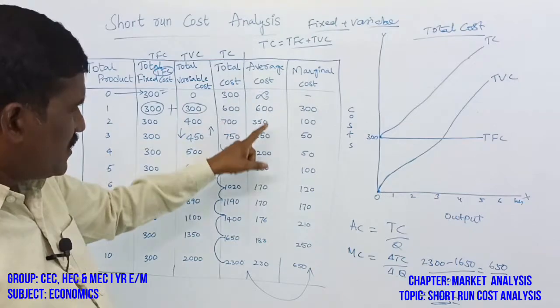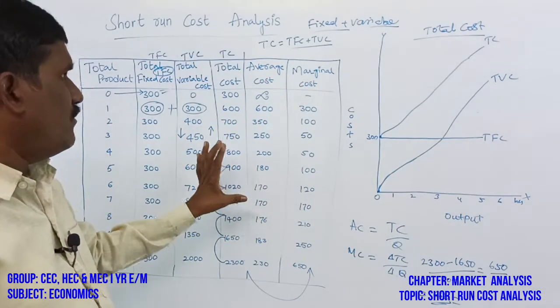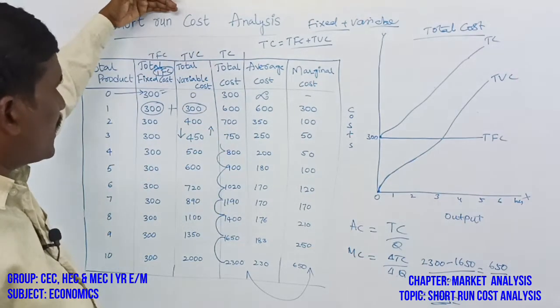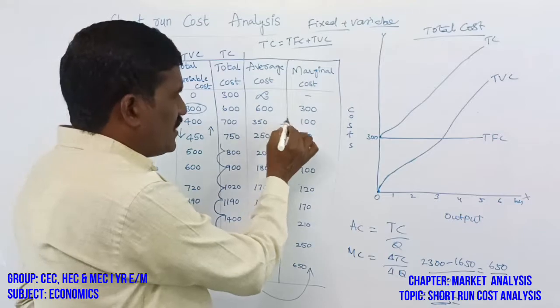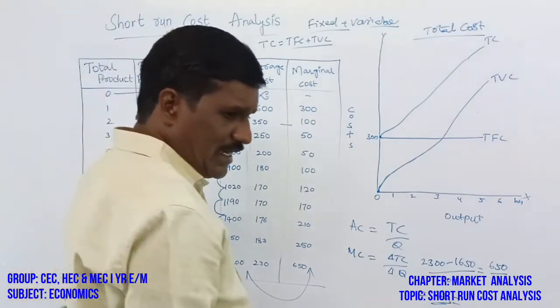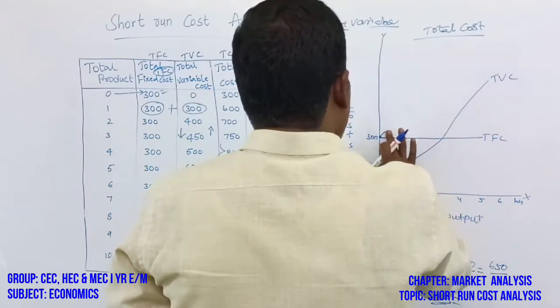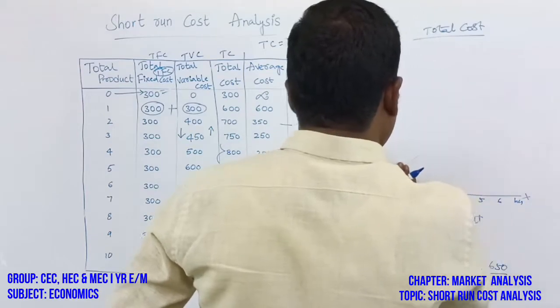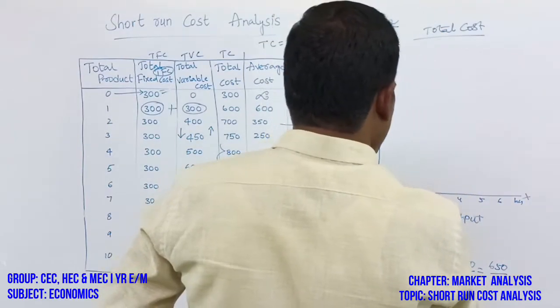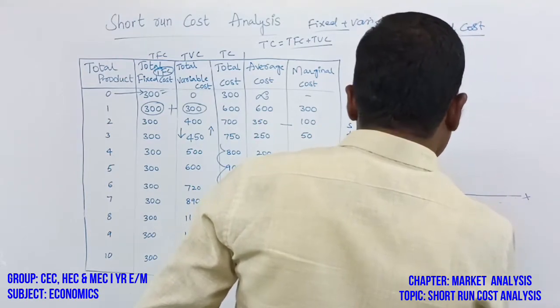Okay, so average cost and marginal cost, both are very important. This is short-run cost analysis. According to the average and marginal cost, we can draw a diagram. Let me show how to draw it. The short-term analysis. Observe carefully.